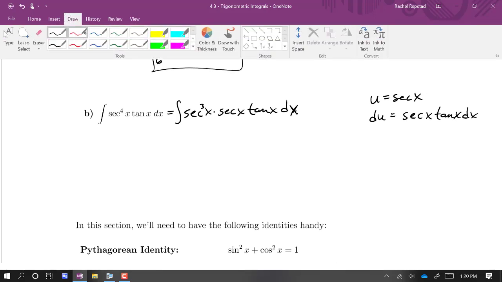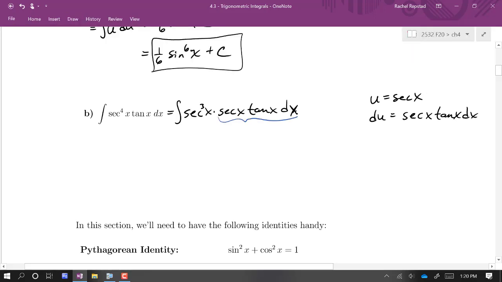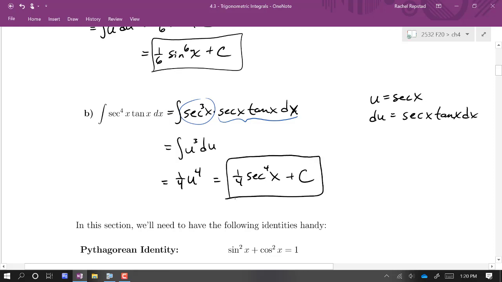So here's our du at the end, and here's our u to the third power. Writing it with u's, the integral of u cubed du is a power rule integral, so we get 1/4 u to the fourth, or 1/4 secant to the fourth x plus a constant. So we were able to make a substitution and turn the trig integrals into a power rule integral.